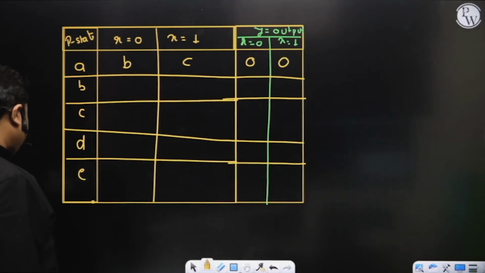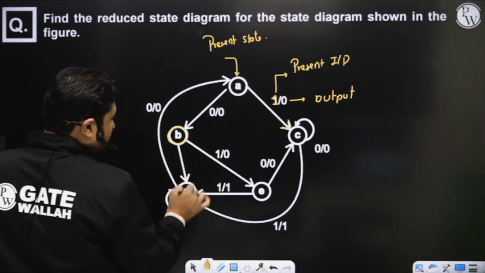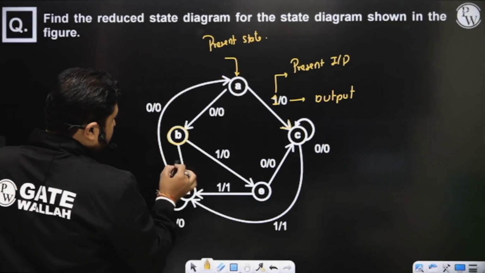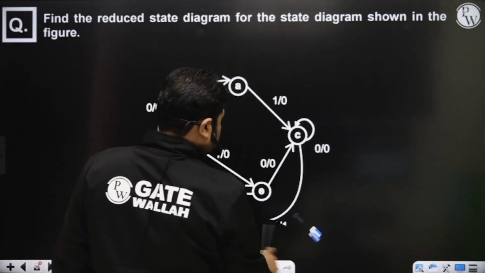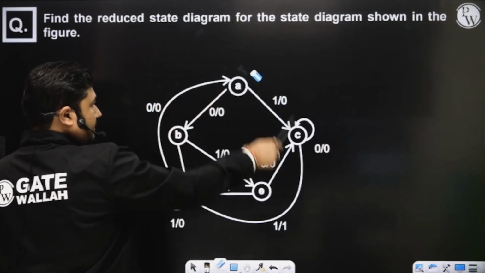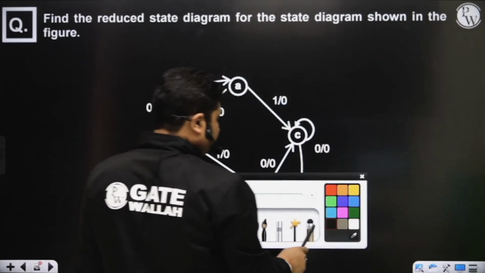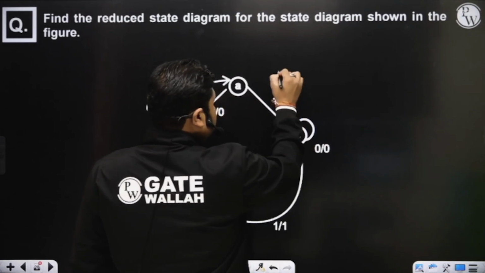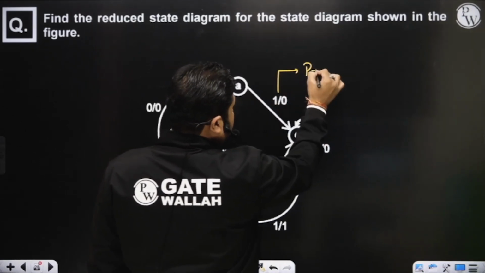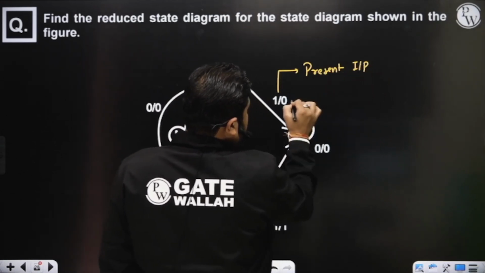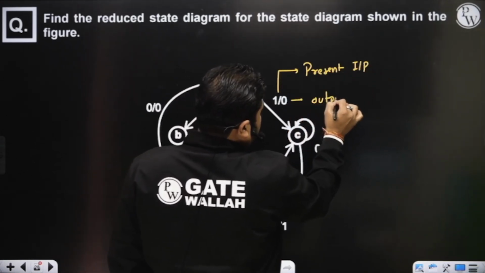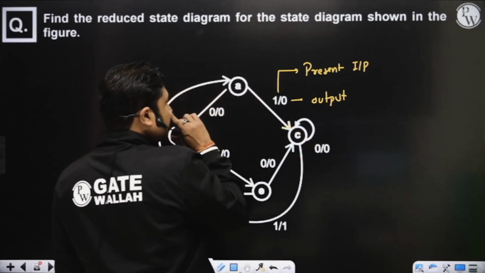Present state B, X equal to 0. It is not given, huh? Okay, I got that. Please wait. We can proceed with the same one. This will be your present state, this will be your present input, this will be your output, and the arrow indicates going to the next state.